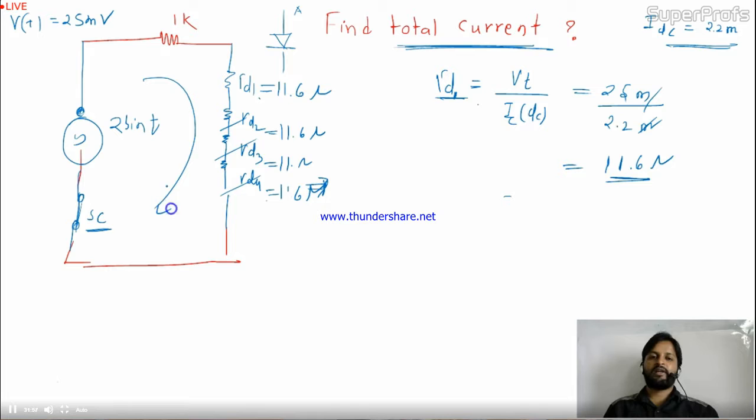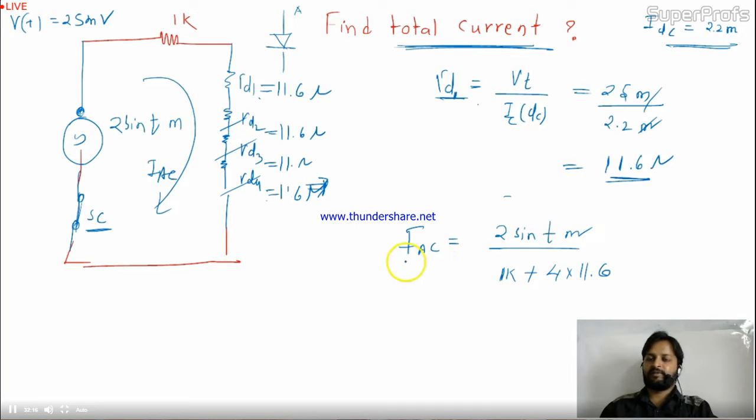Now can you calculate IAC? Yes, I can calculate IAC. IAC for this circuit is 2 sin t, which is the voltage, divided by 1K plus 4 times 11.6. Is it? And this is given in millivolt. Okay, so this is millivolt. This is about IAC. You can calculate it by the phasor method.